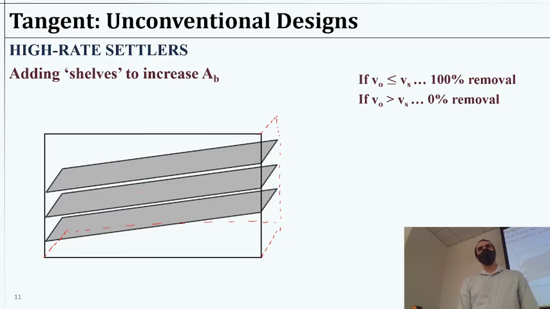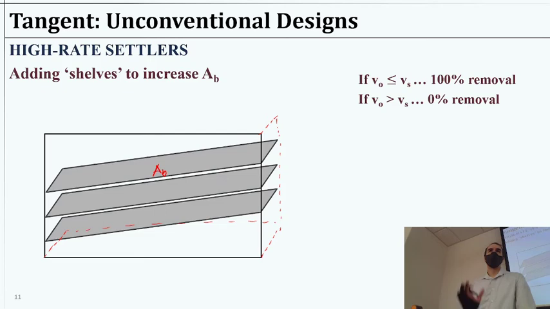You probably have increased the maintenance requirements, in terms of, okay, we've got more moving parts, maybe some mechanical scrapers, some potential to kick up sediment and get it into your outflow when you didn't want it. So there's some mechanical and design challenges involved with doing this, but it can be a pretty reasonable way to increase your surface area and have a high rate settler by adding these shelves, because essentially each one of them is an extra area of the basin if you were to fill the whole thing with it.